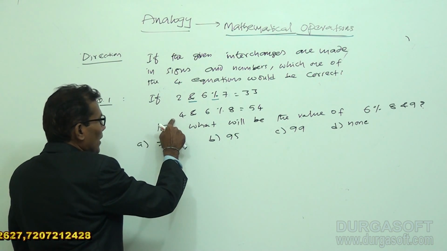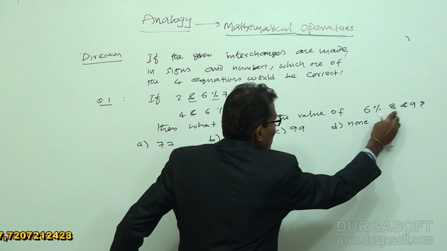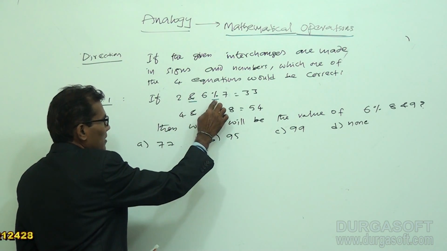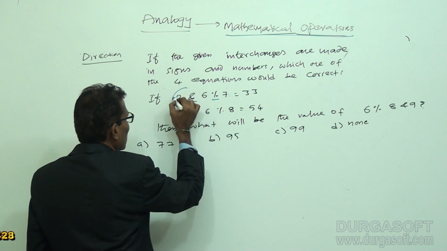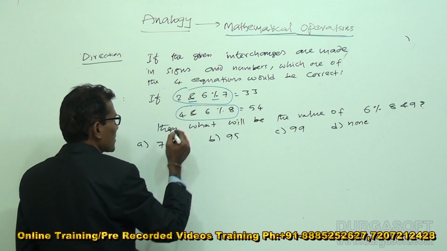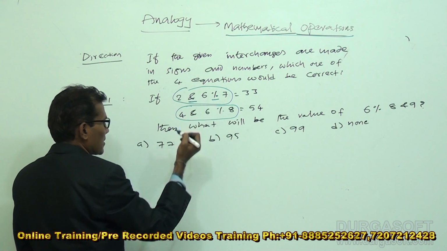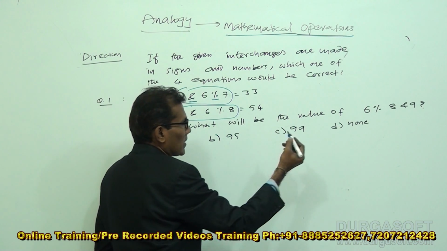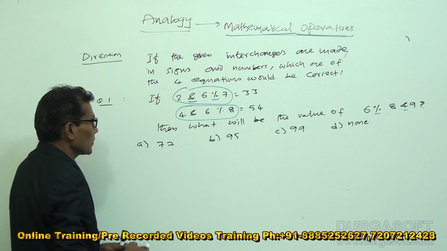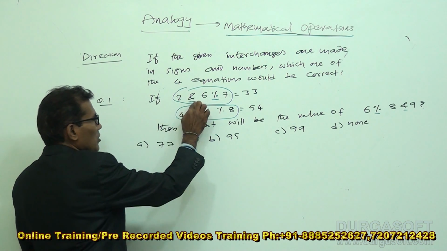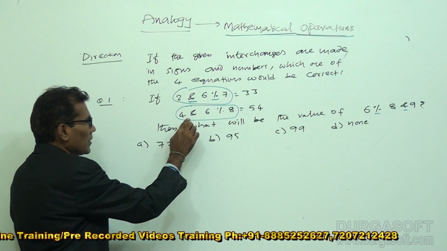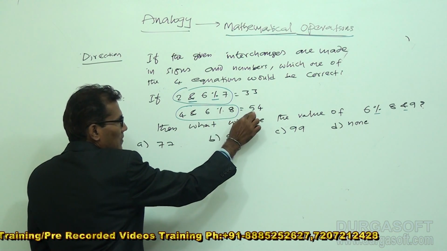According to the given two values, some changes are done. We don't know what changes are done, but here two equations are given. In these two equations the sequence is 'and' and then percentage, in that order. But in our given question the signs are changed: percentage and then 'and'. First we need to break the code: how using these two symbols gives 33, and how using these symbols gives 54.